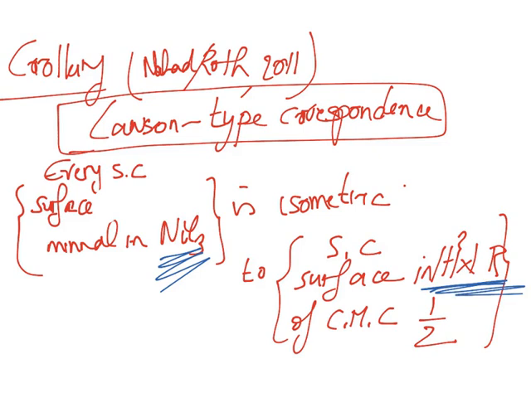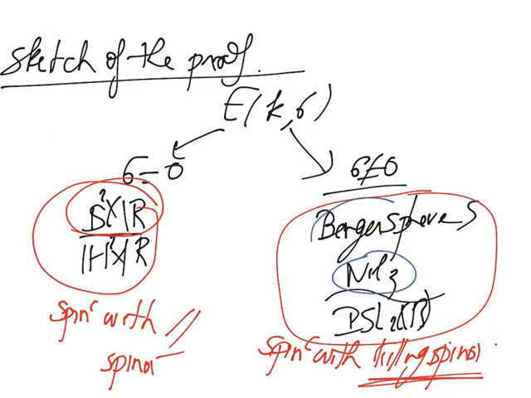If people are interested, they can check my paper with Roth, where we give the spinorial proof of this correspondence between simply connected surfaces in E kappa tau, for any kappa and any tau, not only for the Heisenberg group and H2 times R. Just to mention that this is a spin-C proof, even though the Berger sphere, the Heisenberg group, PSL2R, S2 times R, H2 times R are all already spin manifolds.